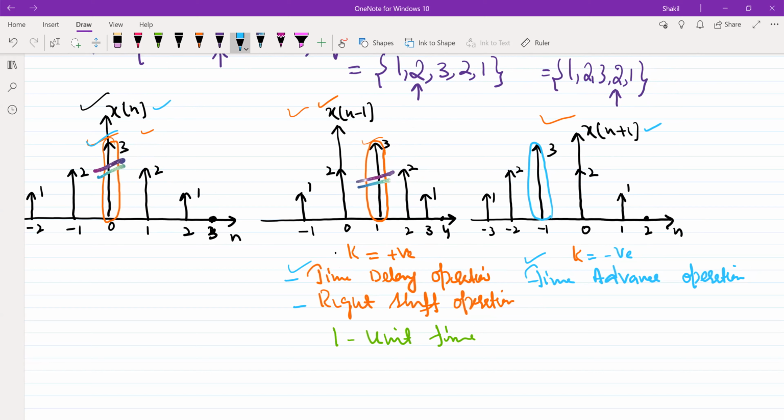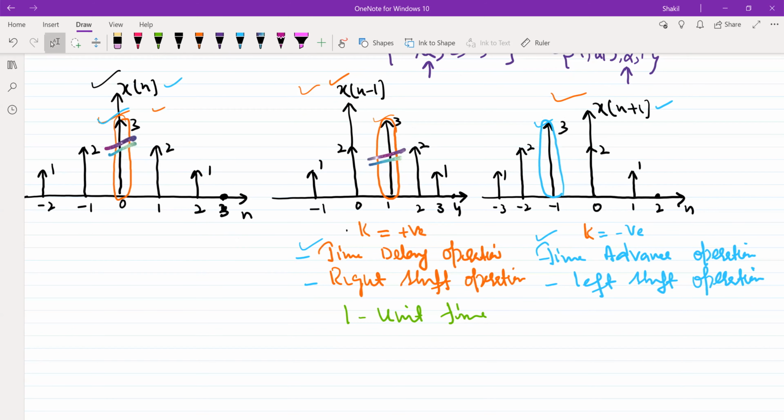We said that this is a time advance operation, and this sample comes earlier in time, and you can see the sample value gets shifted to the left. So left shift operation is the same as time advance operation of a sequence, that you can confirm from the sample point or using any other sample point.